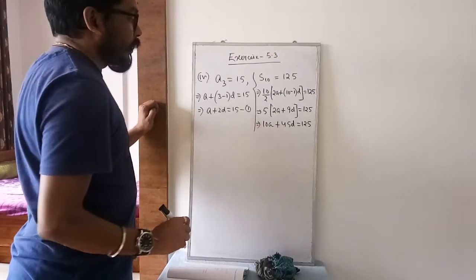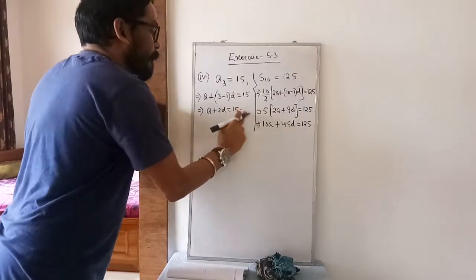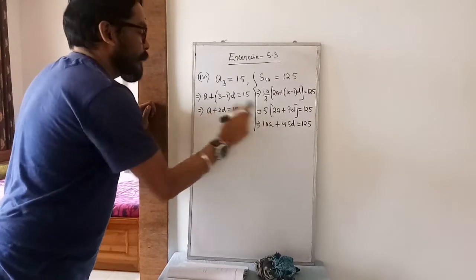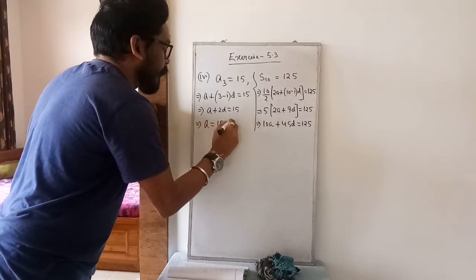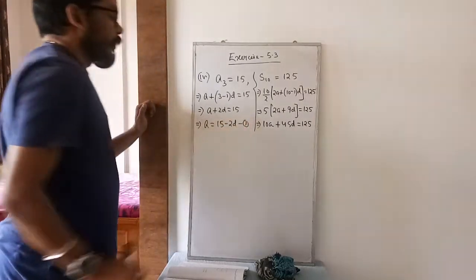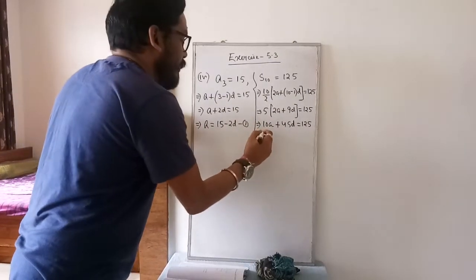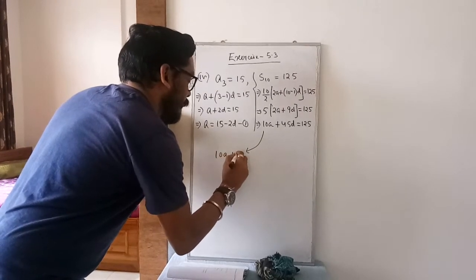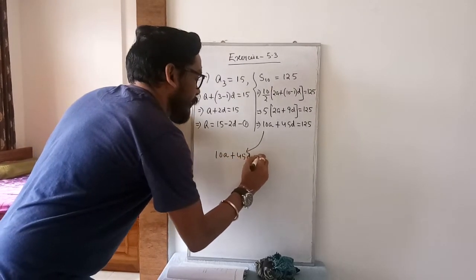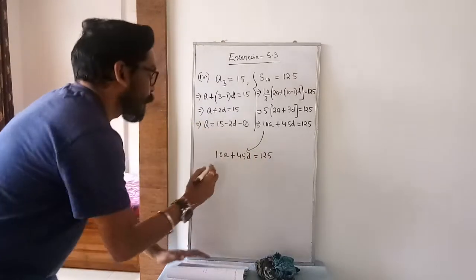So you can do one thing. Let me find out the value of A here and substitute here. A equal to how much did I get here? 15 minus 2d. So I will put the value of A in this section. It is 10A plus 45d equal to 125.